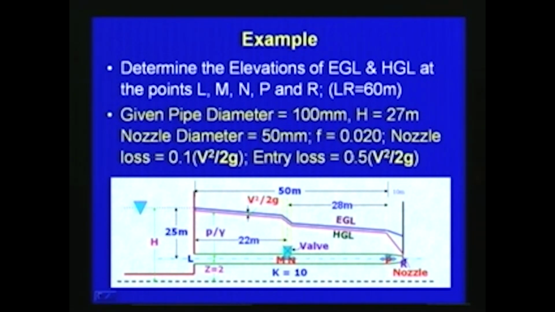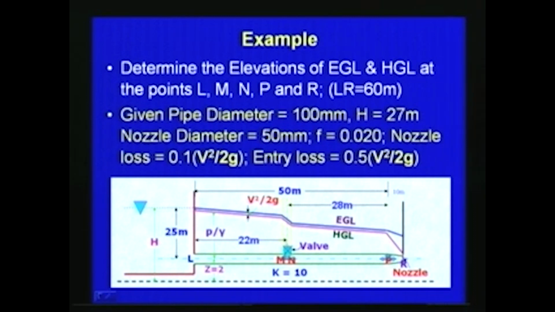The friction factor for the pipe is given as 0.02, and the nozzle loss, the exit loss, is given as 0.1 V square by 2g, and the entry loss is given as 0.5 V square by 2g. So, for these points L, M, N, P and R, we have to find out the elevations of EGL and HGL.